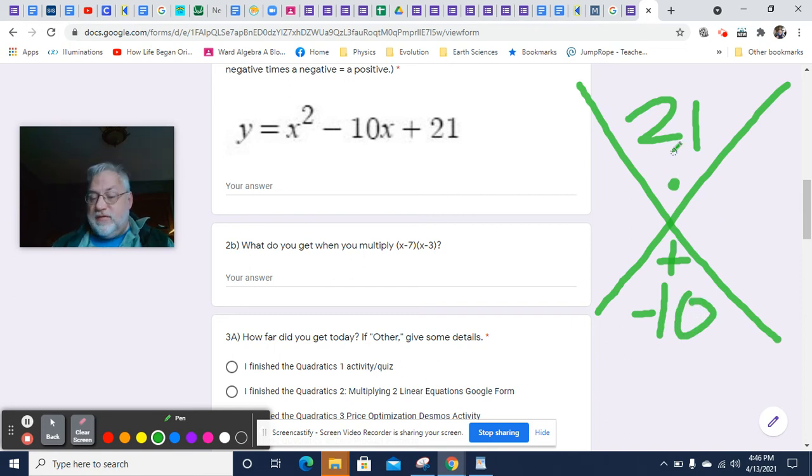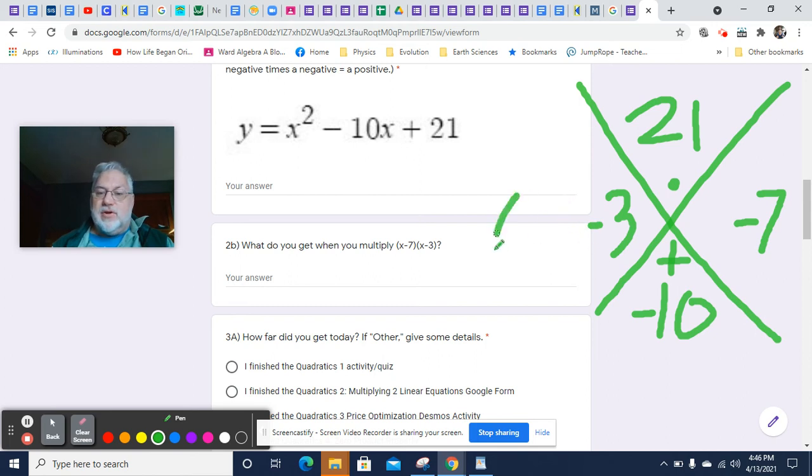Well, remember, a negative times a negative is a positive. So if you're thinking about this, 3 and 7 would add up to 10. But you can also make it negative 3 times negative 7, and that works to make a positive 21.